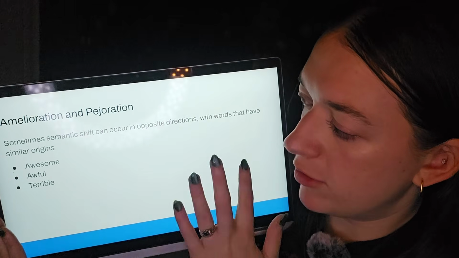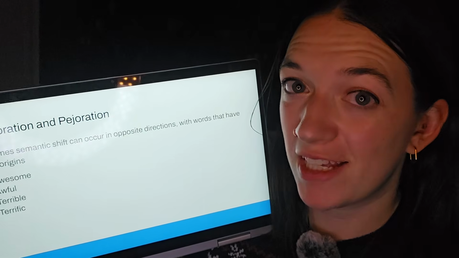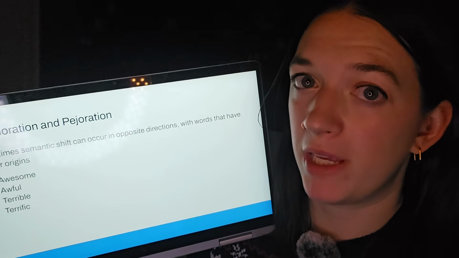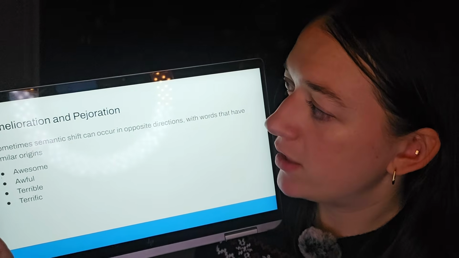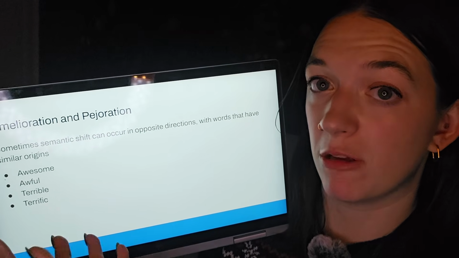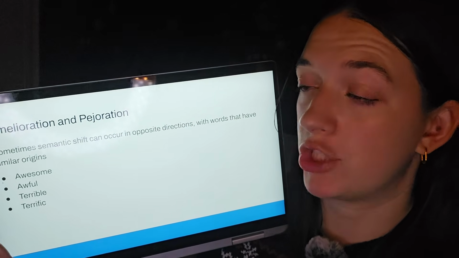Similarly, terrible and terrific come from the root terrify, and one became more negative, one became more positive over time. So sometimes in order to disambiguate words with similar meanings, they may undergo semantic shift in opposite directions.